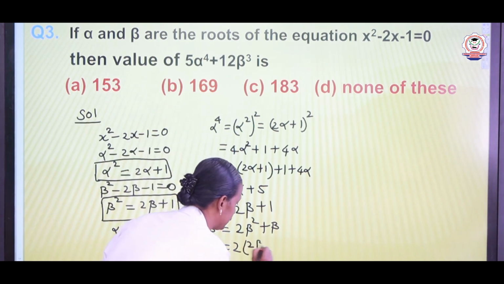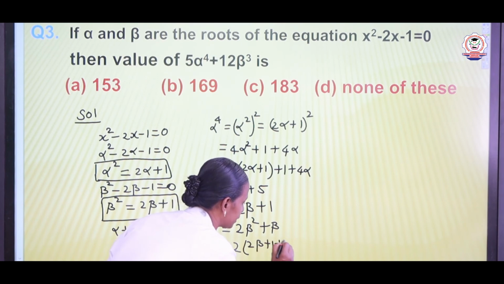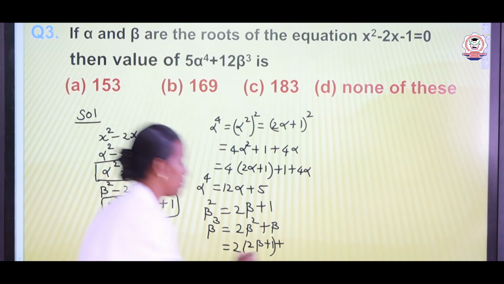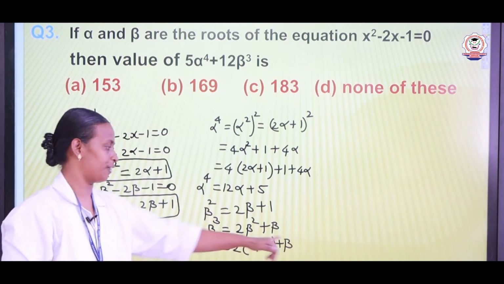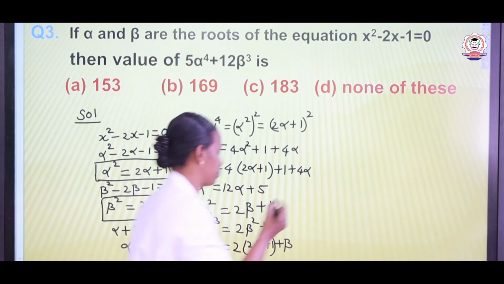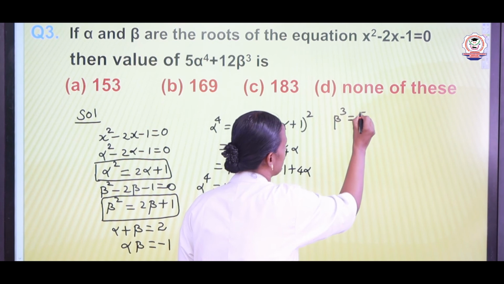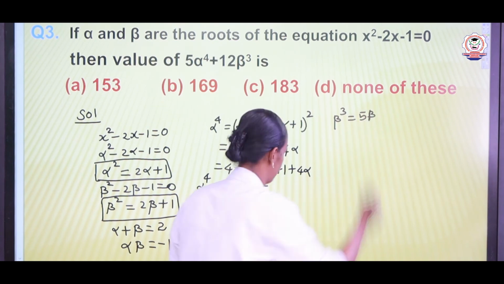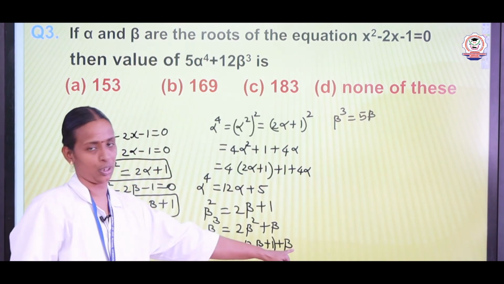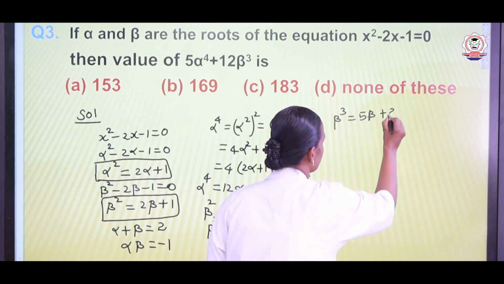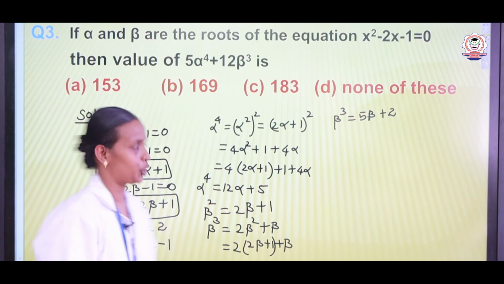So, 2 into 2 beta plus 1 plus beta, write as it is. 2 into 2, 4 beta. 4 beta plus beta, 5 beta. 1 into 2, 2. So, beta cube is 5 beta plus 2. This is our beta cube value.